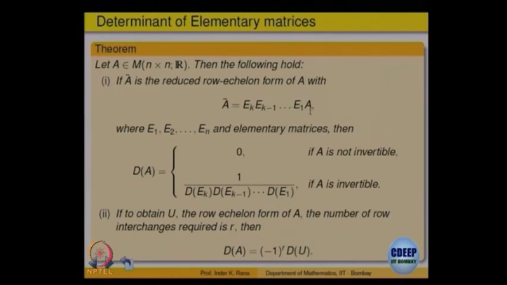Is that okay? So, from here, what is the determinant of A then? I can divide by those constants, right. So, the determinant of A will be 1 over the determinant of E k multiplied by the determinant of E k minus 1 multiplied by the determinant of E k, provided none of them is 0.